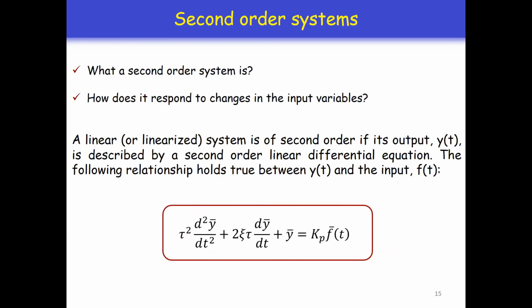Linearity does not mean that the system is first order. Just remember the definition of a linear differential equation that I gave you a while ago, and that is reported in your slides.